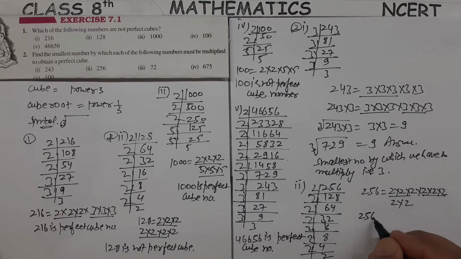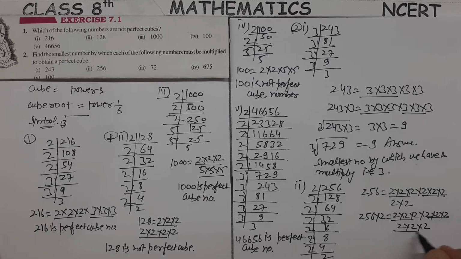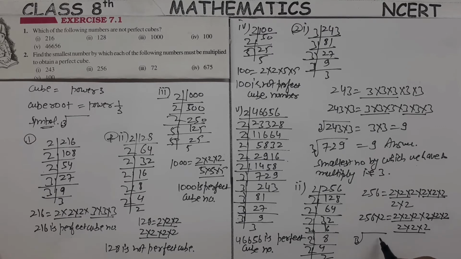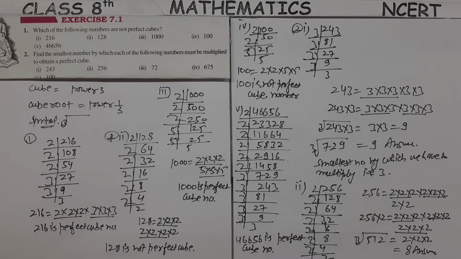Multiply both sides by 2. Now the cube root of 512 is 8. Answer: smallest number by which we have to multiply is 2, and the cube root of 512 is 8.